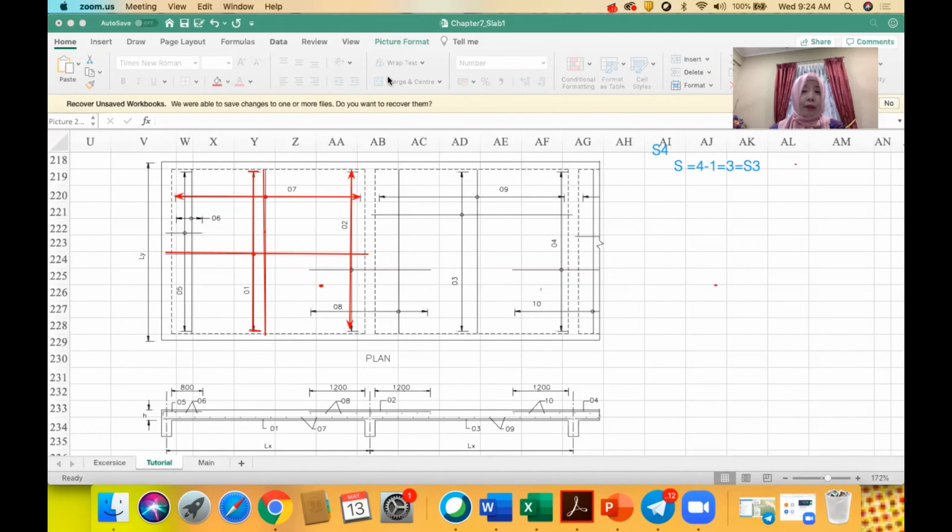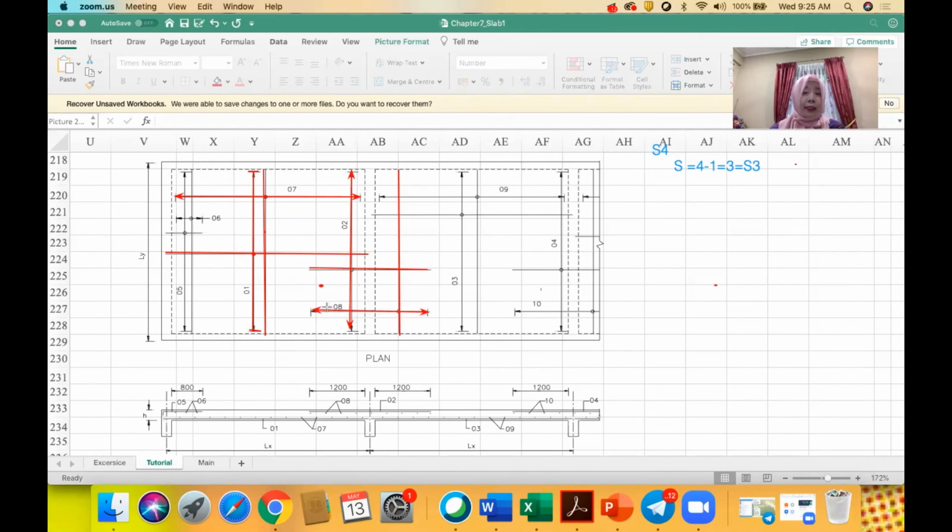Okay, like that. And 08 is the secondary steel. Opposite direction. Yeah. The secondary steel. We put the secondary steel from here to here.